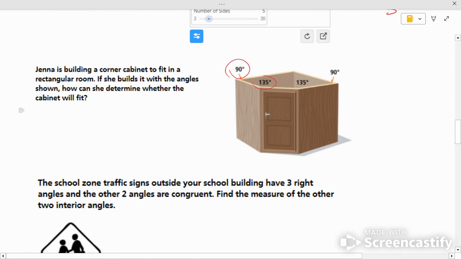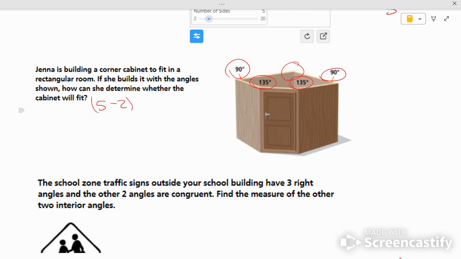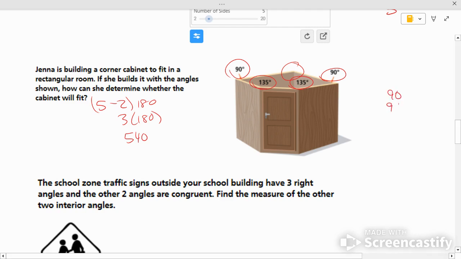Now this one isn't regular. This one's 90, this one's 135, this one's 135, this one's 90. What's left for this one back here? How many sides does this have, or how many angles does this have? 5. So 5 minus 2 times 180 is 3 times 180, which is 540. Now, what's 90 plus 90?